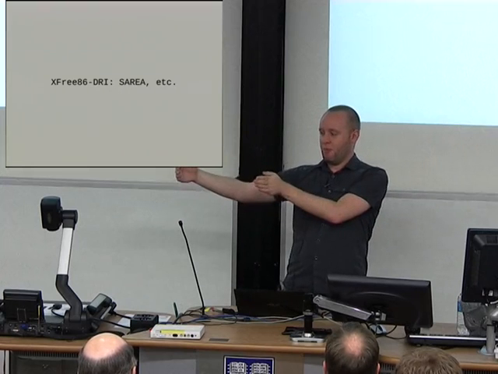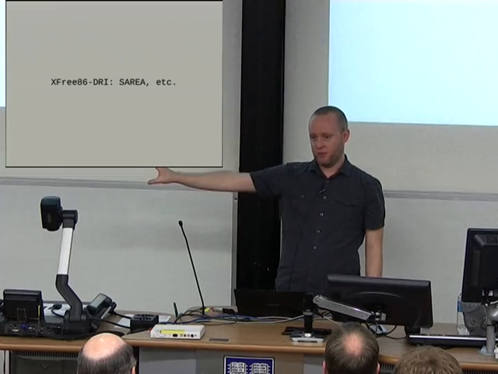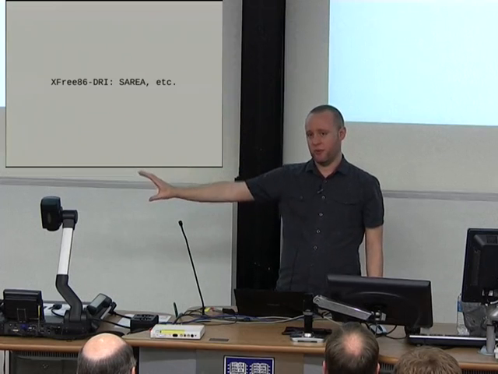You have some more memory for textures, and then all your pixmaps for 2D acceleration are in the rest of memory. Totally set up statically at server initialization time, which means that resizing the display, if you plug in a new display and want to get a bigger resolution, there was no mechanism for resizing there.